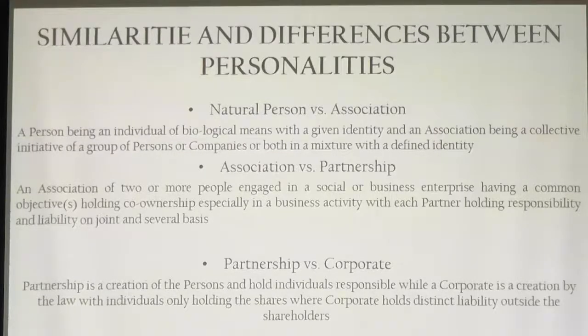An association consists of two or more people, as we know. It needs at least two people engaged in a social or business enterprise having a common objective. And these people who are in the association are called co-owners, especially in business activity. And in a business activity, when you form an association, it turns out to be a partnership.